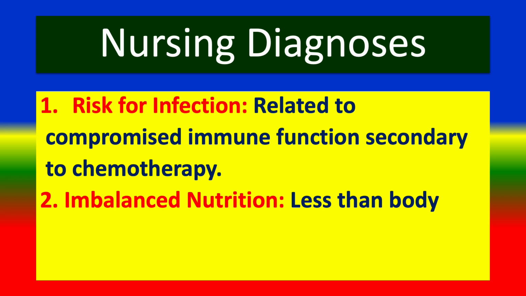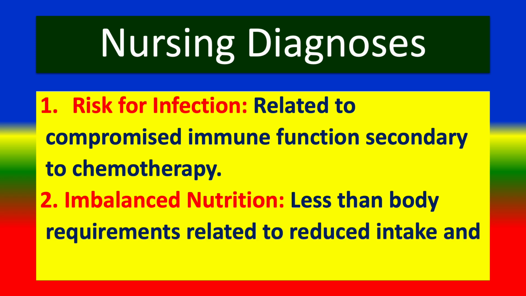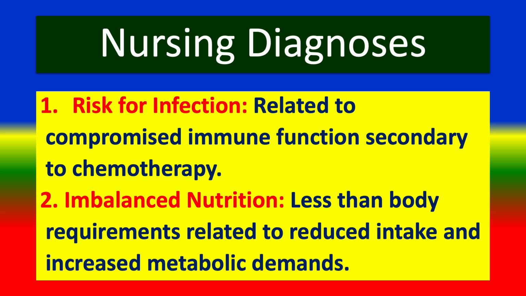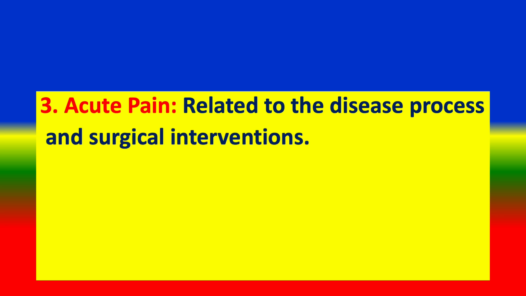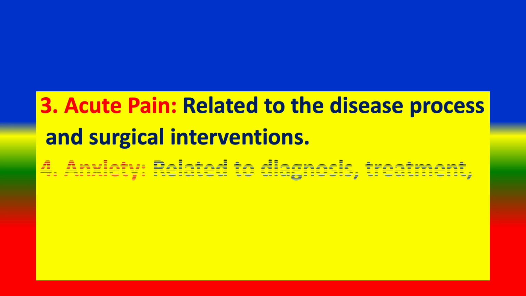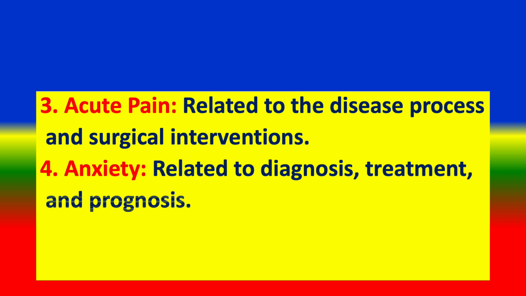Imbalanced nutrition less than body requirements related to reduced intake and increased metabolic demands. 3. Acute pain related to the disease process and surgical interventions. 4. Anxiety related to diagnosis, treatment, and prognosis.